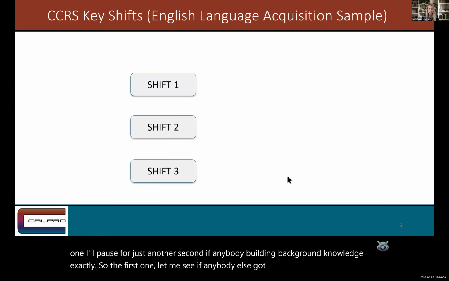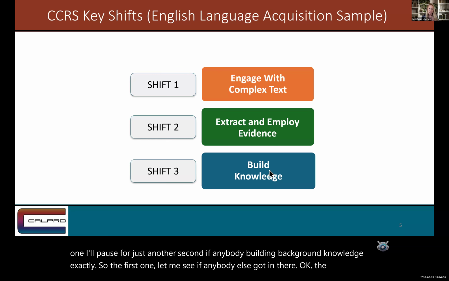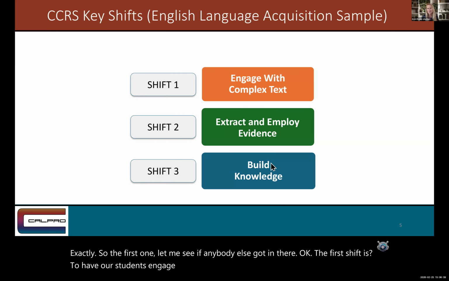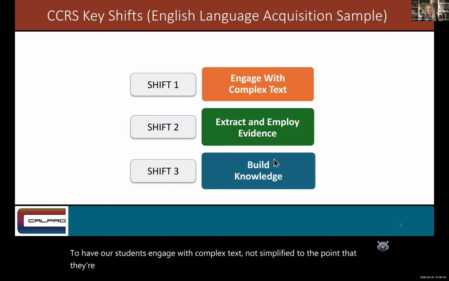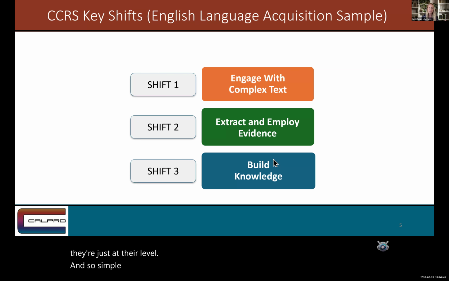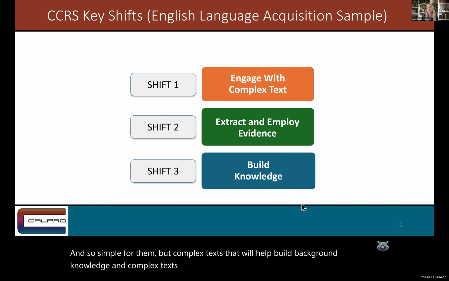Okay, the first shift is to have our students engage with complex text, not simplified to the point that they're just at their level and so simple for them, but complex text that will help build background knowledge and complex text like they might actually encounter in real life. And you're right, exactly.